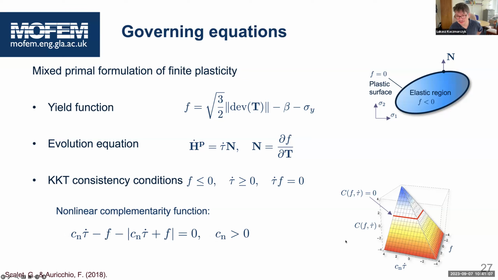So in other words, when I plot that function in this form, it looks like this one. And then when you solve the problem, you try to be on that red line. This is when you are in equilibrium. It has this non-smoothness over here, but this is only one point of non-smoothness. So it's equivalent to an active set method.